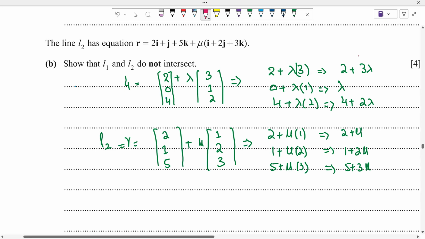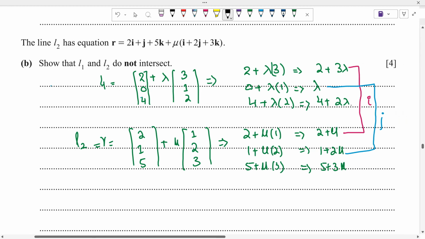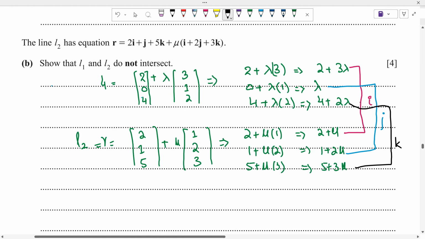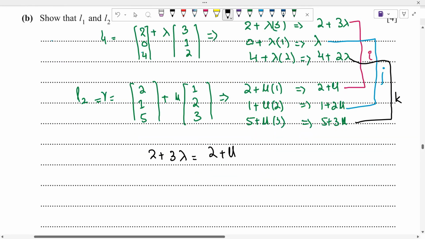Comparing these components, we will have 2 plus 3 lambda is equal to 2 plus mu. Comparing the j component, lambda is equal to 1 plus 2 mu.